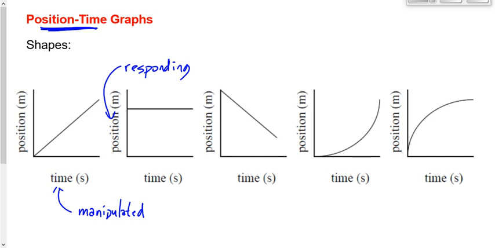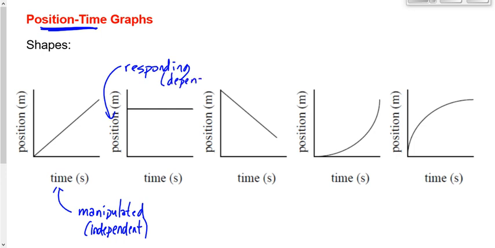Okay, we'll always use the terms manipulated and responding, but if you have seen the terms independent and dependent, the manipulated would be the independent. And the responding variable, the one that responds to the manipulated variable, would be the dependent variable.